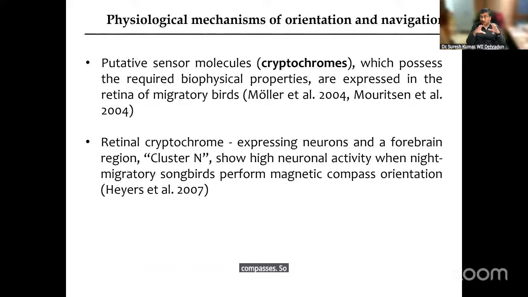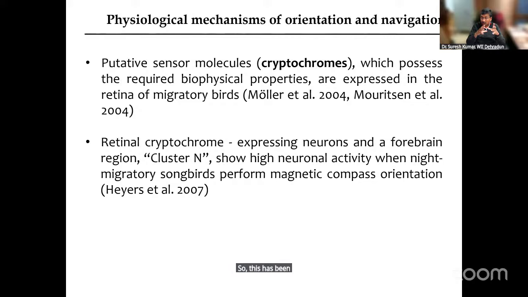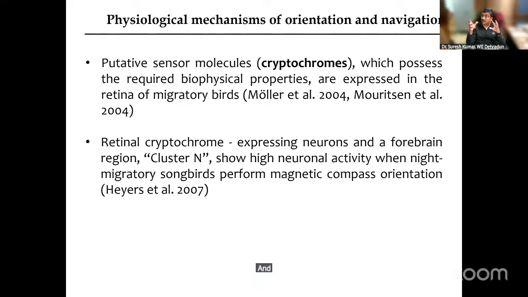So these neurons in a forebrain region known as cluster N show high neuronal activity when night migratory songbirds perform magnetic compass orientation. So this has been done, this particular paper where they have looked at a migratory songbird and a songbird which is a resident.